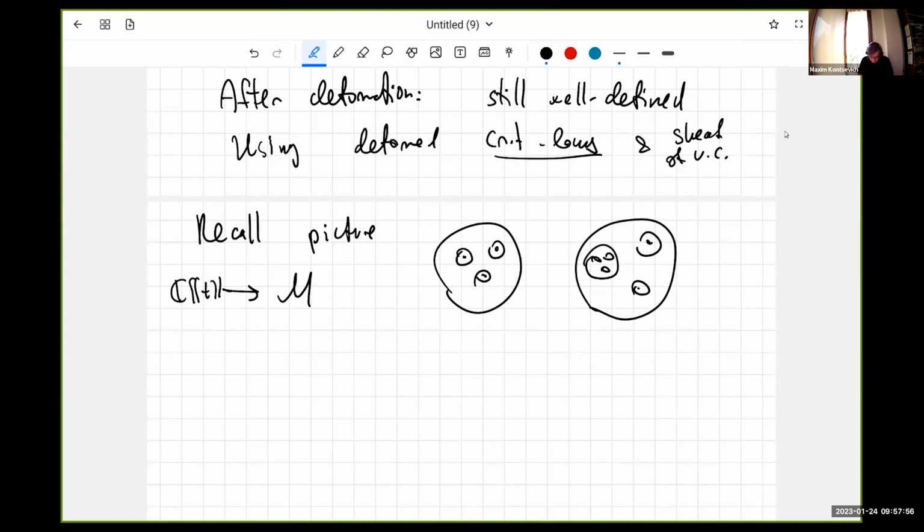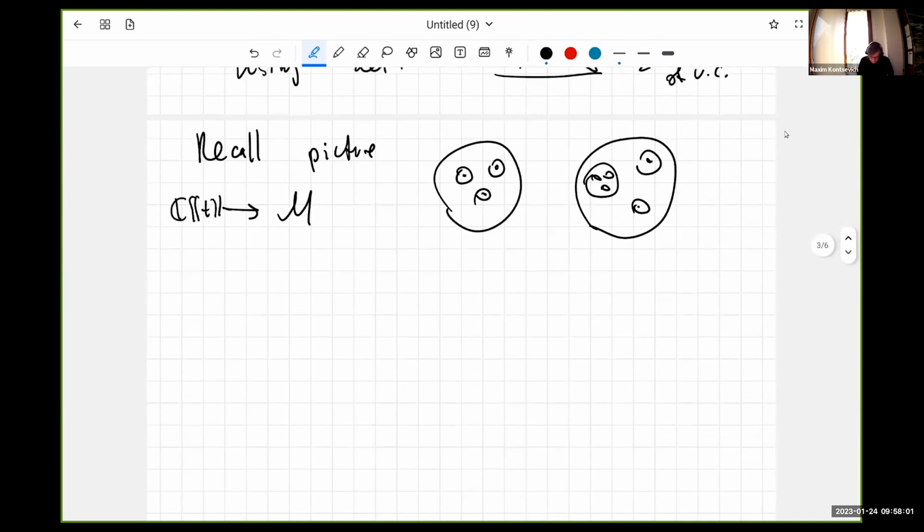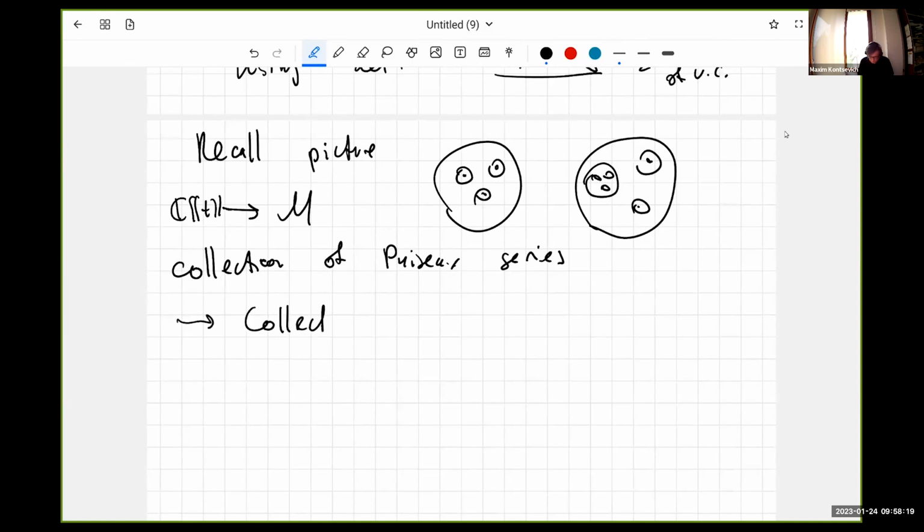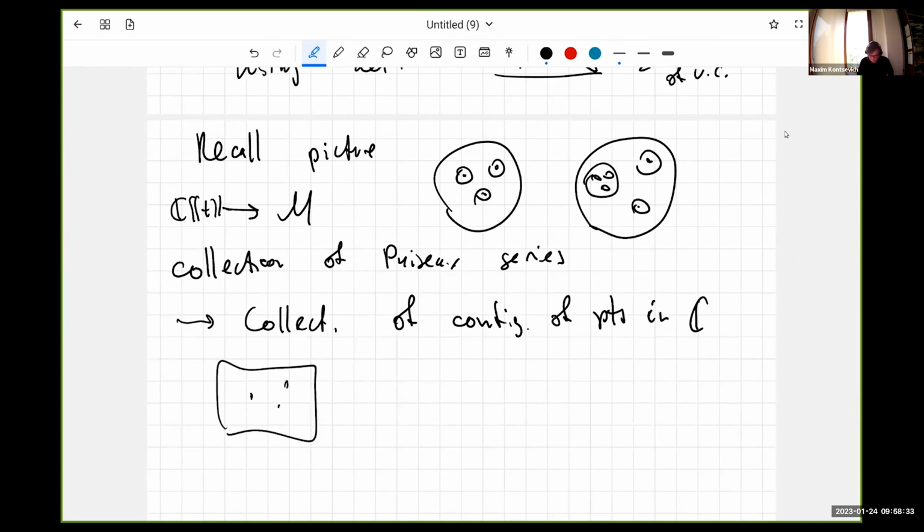And what I claim is that if I get this picture, then I get more detailed information. I recall that if you have a path, then I get this collection of Puiseux series. And you get a collection, up to rotation and rescaling, of configurations of points in C. So you get one collection of points, and another collection of points, and so on.